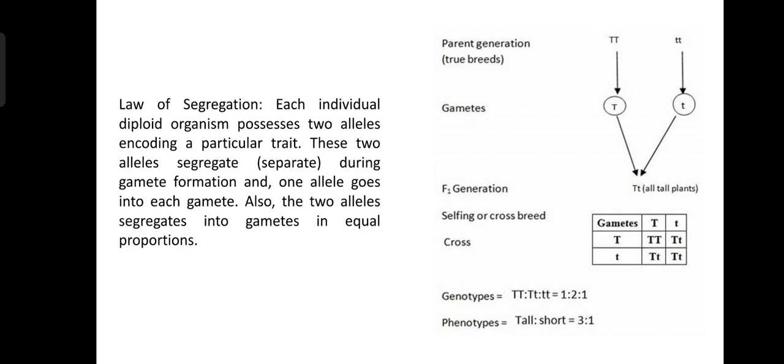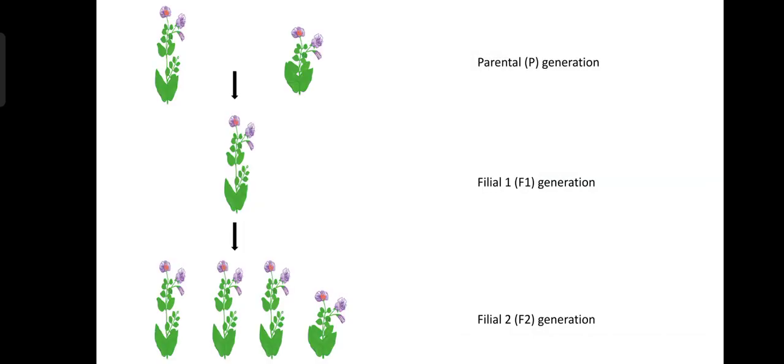So now what Mendel did was he decided to designate these alleles or the genetic factors with alphabets. And as we can see over here, one of the traits, that is the tall trait, is persisting in the F1 generation, whereas the short disappeared. So the trait which is expressed in the F1 generation in the heterozygous state is the dominant trait, and the trait which is repressed in the heterozygous state is the recessive trait.